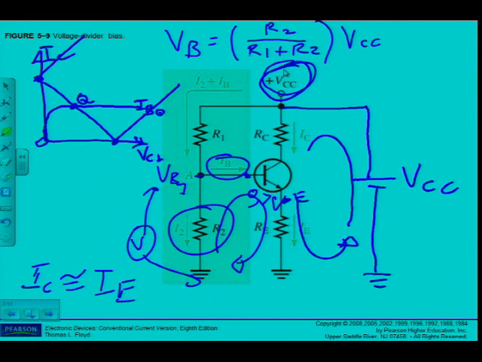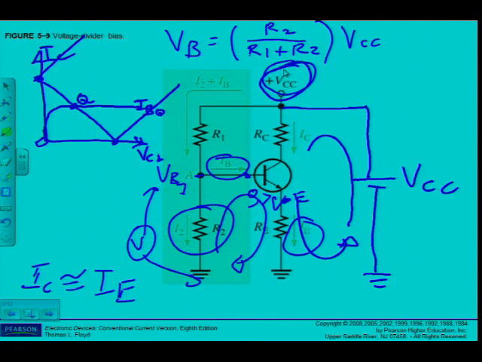When we discussed these currents in the previous chapter, we saw that it is a lot smaller than these other two currents. So I make this assumption, and then I can calculate IE by using Ohm's law. I is equal to V over R. I've just calculated V, which is VE. I have the value of RE, so I can just use Ohm's law to calculate IE.